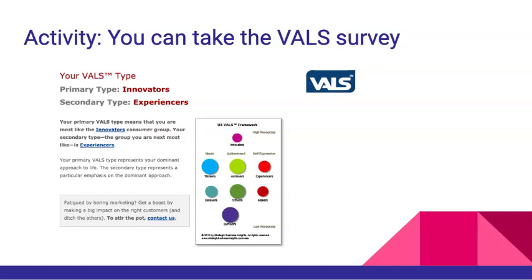So my primary group is I'm in the innovators consumer group, and then my secondary type is the experiencers. So when you get your results, you can click on the circles to see what all of those mean. So I do encourage you to take the VAL survey. It's kind of fun, but you don't have to do it.